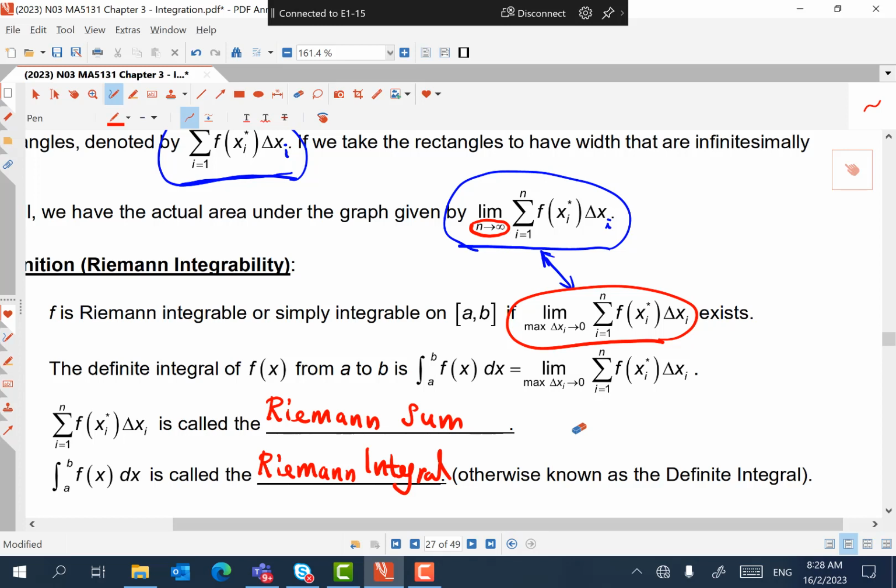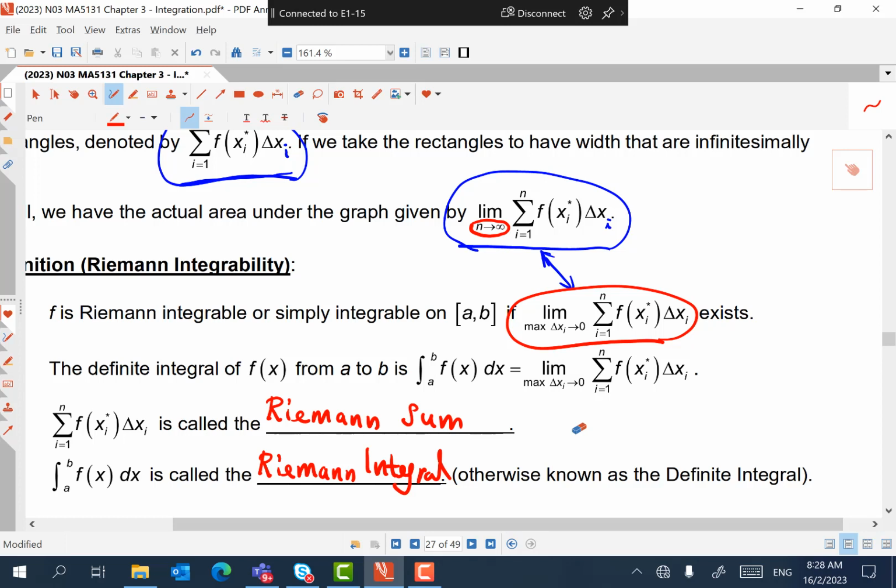You know what I mean? And then later on, I want you to appreciate that even with this definition that you're seeing right now about the definite integral, those properties that you know about the definite integral will still hold true. Okay, let me make a statement again.